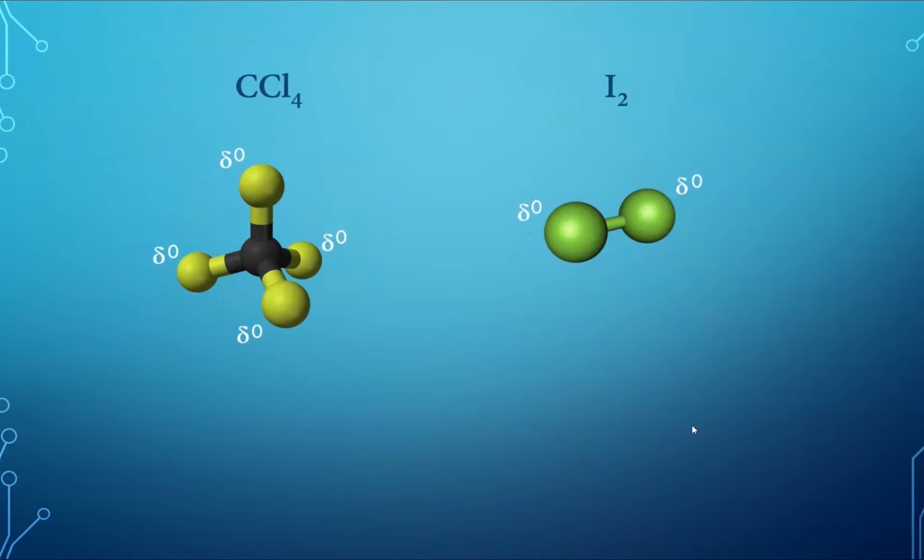Okay, the last one we talked about was carbon tetrachloride and iodine. Now, these are both nonpolar molecules. Of course, a single element will always be nonpolar, and carbon tetrachloride, it's balanced. The chlorines are all balancing each other out. So these molecules only have what's known as a temporary dipole.